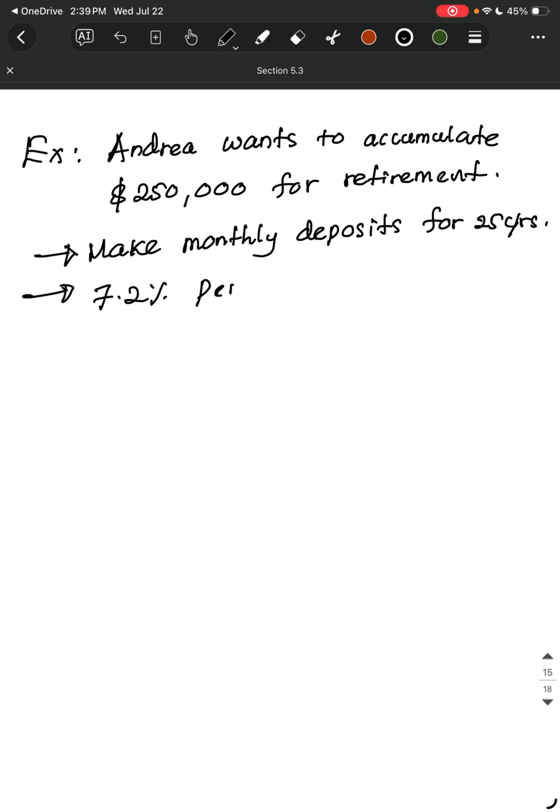7.2% per year compounded monthly. Right? Find the required monthly deposit.